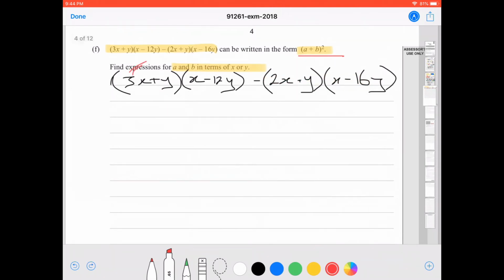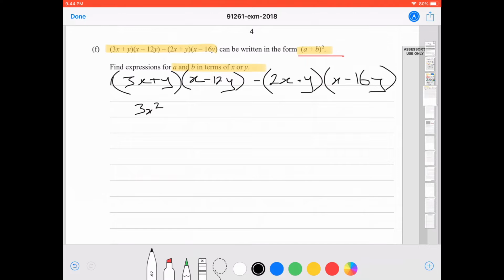Okay, so we've got 3x times x is 3x squared. Negative 36xy plus xy, and possibly we should write out each term.